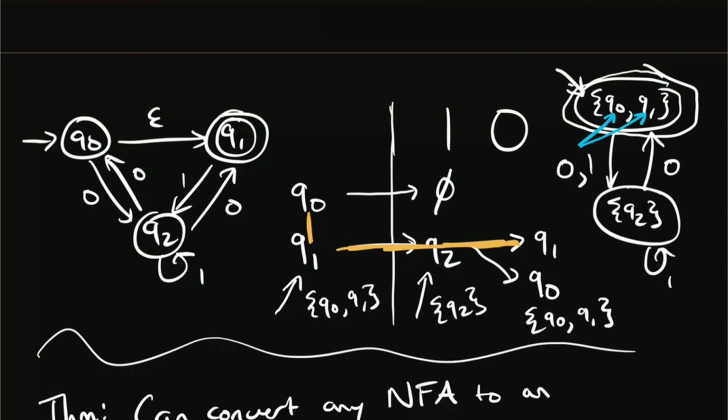No. So what about, say, just from Q0 only? Where can I reach from epsilon transitions or not doing anything at all? Q0 or Q1. So what we term this is a closure of something. We're trying to go as far as we possibly can, spread our wings as far as we can go, while doing some action, which in this case is only doing epsilon transitions. We don't want to actually read.